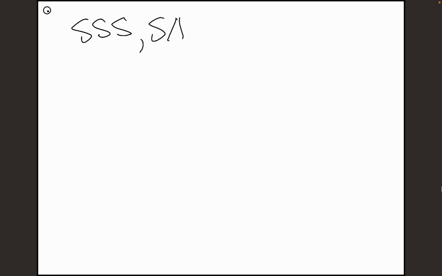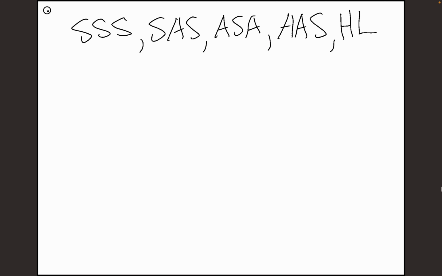Side, angle, side. Angle, side, angle. Angle, angle, side. Who can tell me the last one? And what does HL stand for? Hypotenuse leg. Okay. Now, you have to remember these 5, because we're going to keep using these for our next parts.